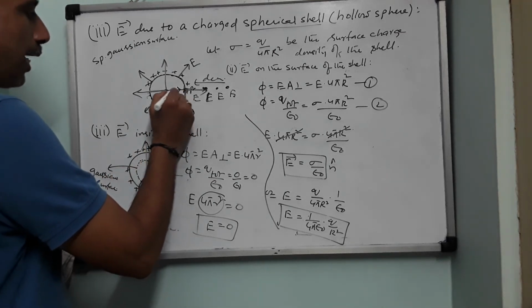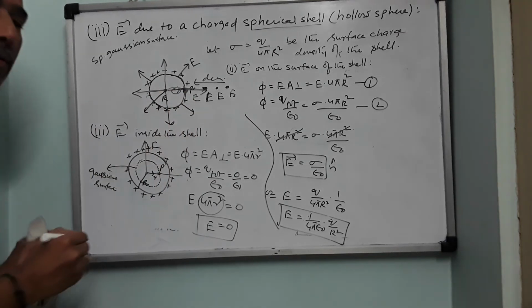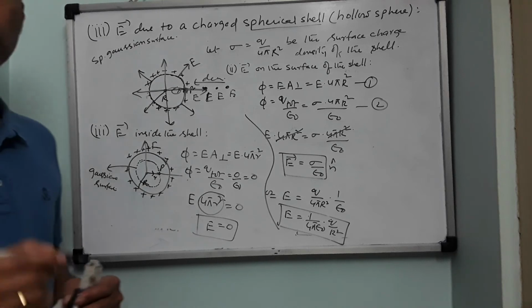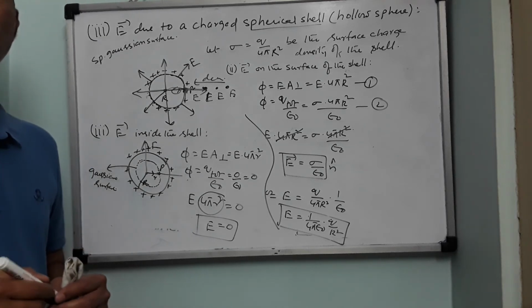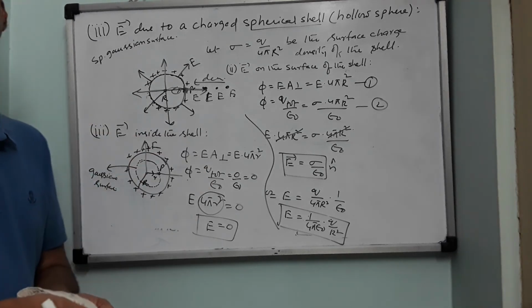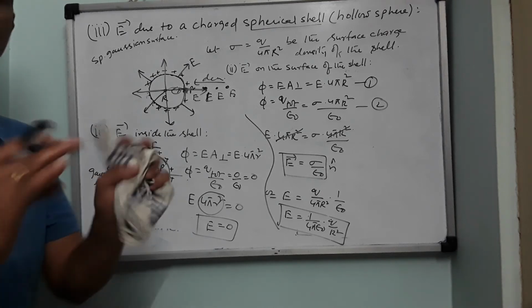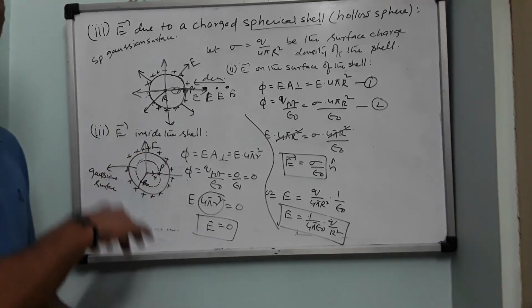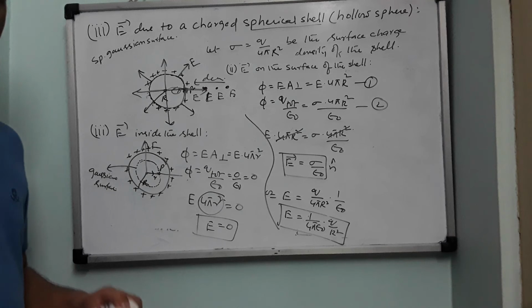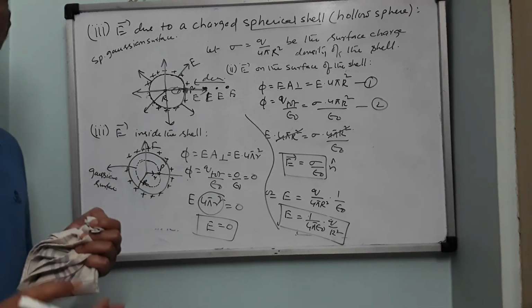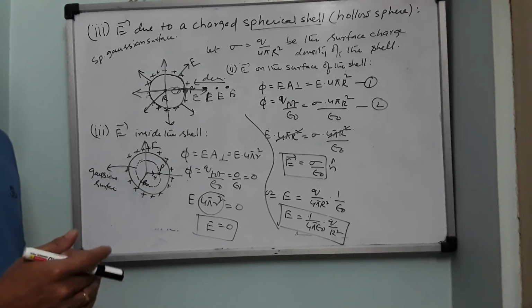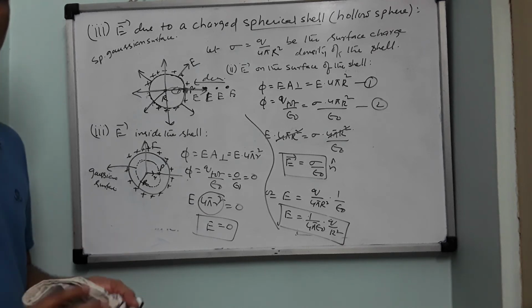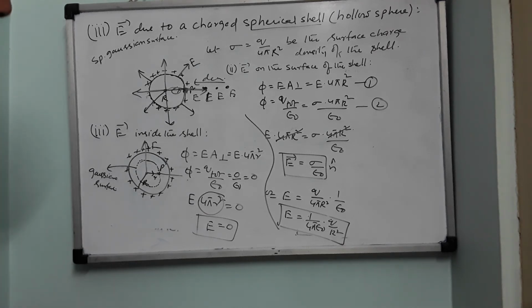And when you go inside, suddenly the electric field will vanish. This is because electric field cannot reside inside any cavity or any hollowness. Therefore, the electric field will always be 0. This point we are again going to take up in the second lesson, electrostatics of the conductors, as a part of electric potential and capacitance.